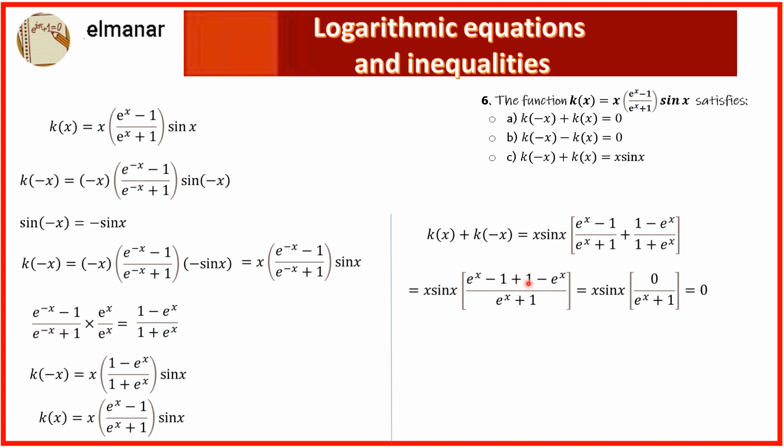I am left with x times sine of x multiplied by 0 divided by e to the x plus 1, which equals 0. Consequently, the first relationship is the one that is satisfied. k of x plus k of negative x equals 0.